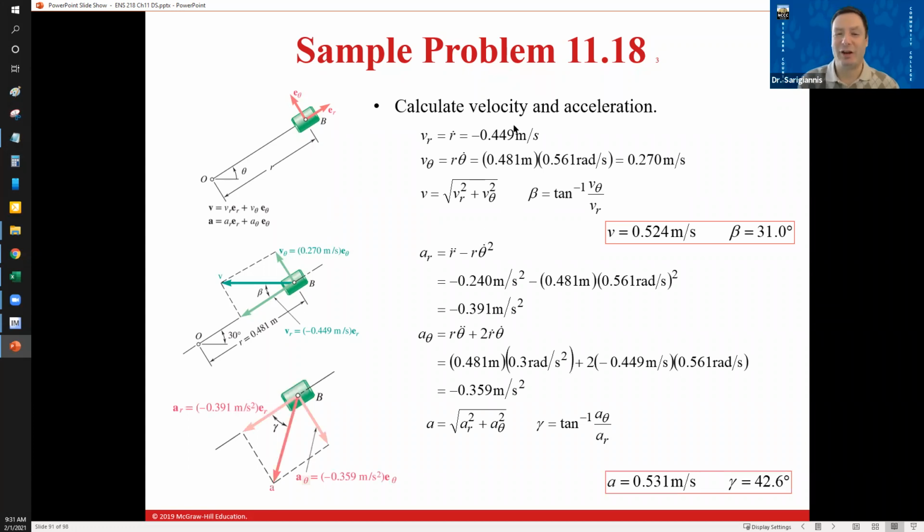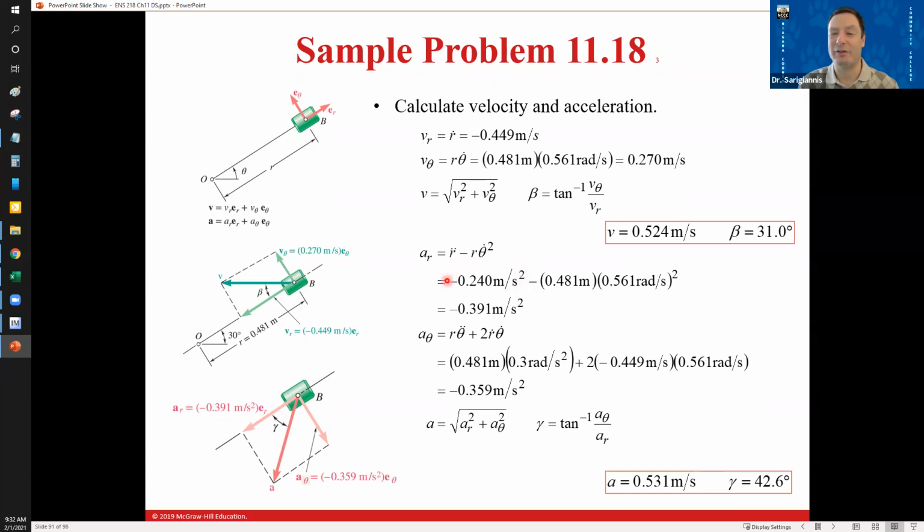Now we look at acceleration. Again, these terms for acceleration, oh, I didn't write the equation here. The radial acceleration is a function of the second derivative with respect to time of r minus r times the first derivative of theta with respect to time squared, right? So we solved all that stuff.